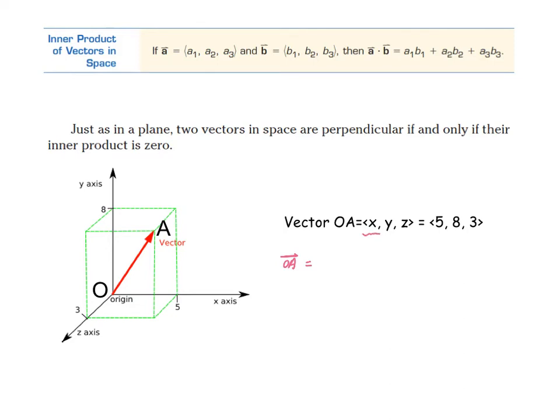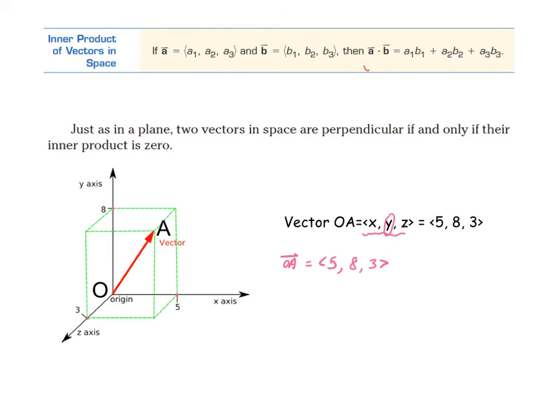We follow the order. We start with the x value, which we can see is 5, and then the y value, which is up here, 8, and the z value, which is 3. That is how we represent the vector OA in 3D space.